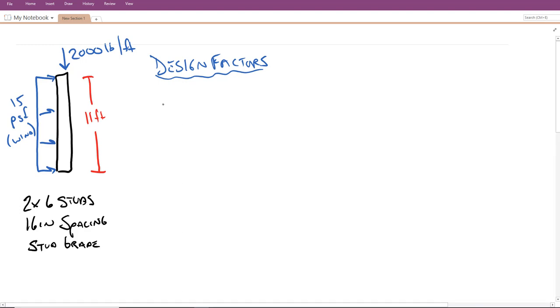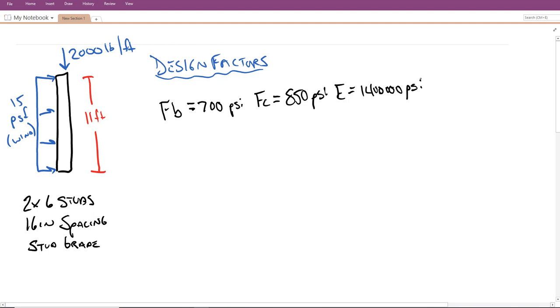If you go there, you'll find that for a 2x6, which is of course dimension lumber, using the stud grade line, F sub B equals 700 psi, F sub C equals 850 psi, and the modulus of elasticity is 1,400,000 psi.